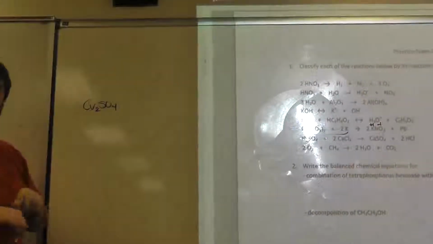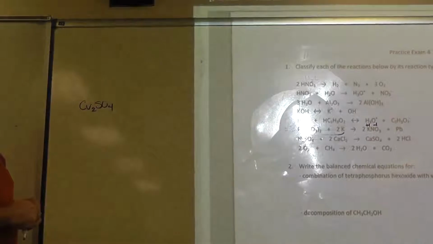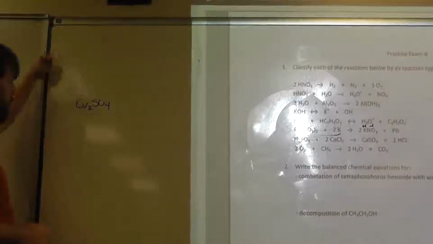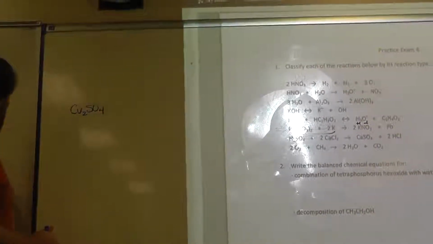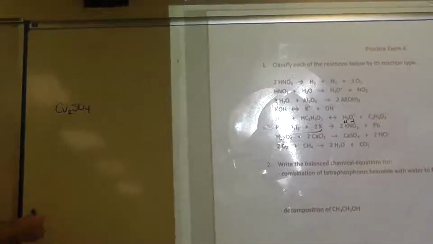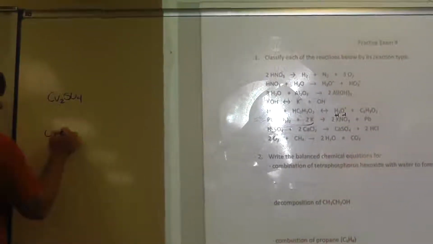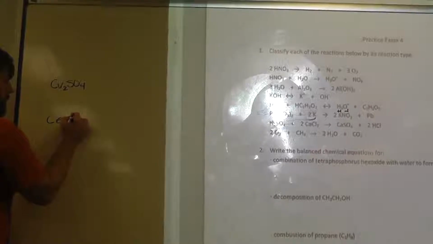Cu2SO4. Just like finding out the oxidation numbers for each of them. You have a couple more? I don't know what CE is. Cerium? CE and then let's see CrO4 subscript 2.